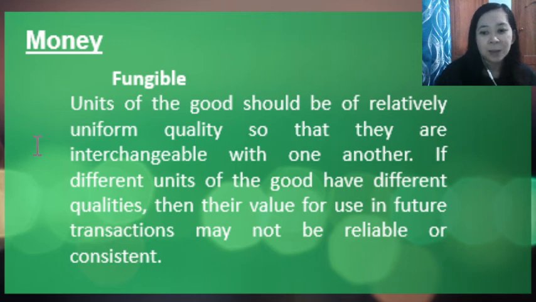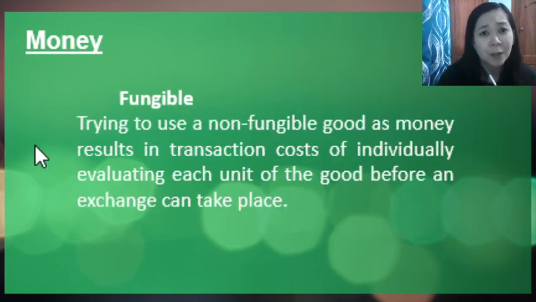Okay, so trying to use a non-fungible good as money results in transaction cost of individually evaluating each unit of the good before an exchange can take place. Unlike if it is fungible, meaning to say there's already a certain or exact amount or value placed in the currency for exchange.